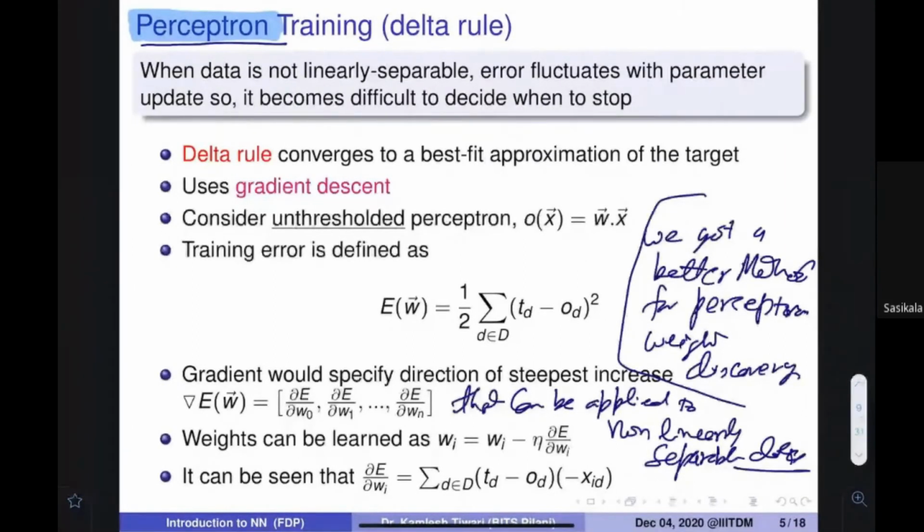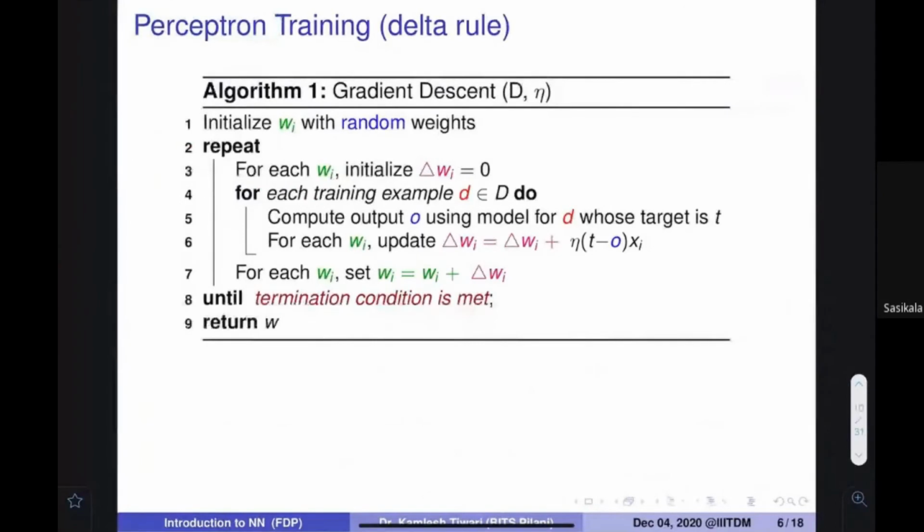Thank you very much. So this is what the algorithm is. Earlier this was called the perceptron training rule. Now this name is called the delta rule. Here also you initialize the weights with random values, and then see how much we have to change. Initially the weight is 0.